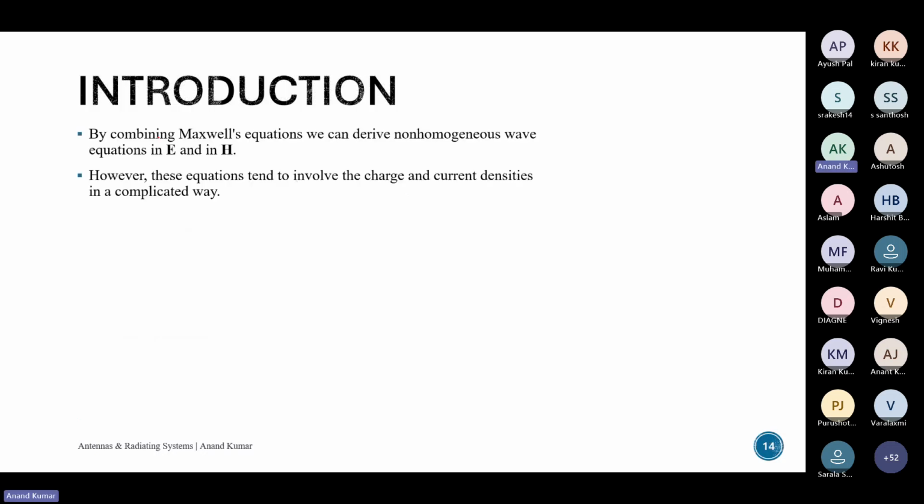By combining Maxwell's equations, we can derive non-homogeneous wave equations in E and H. A lot of words. Essentially, we're saying that we need Maxwell's equations over here.